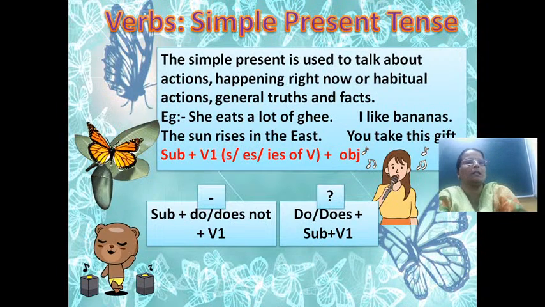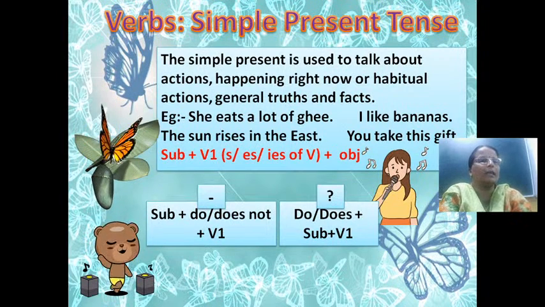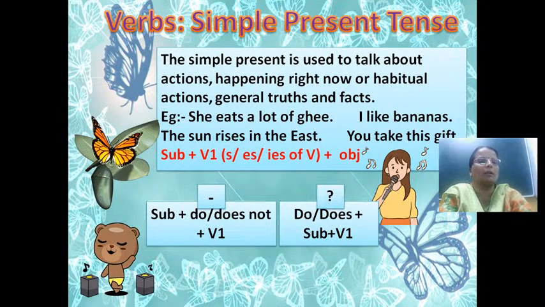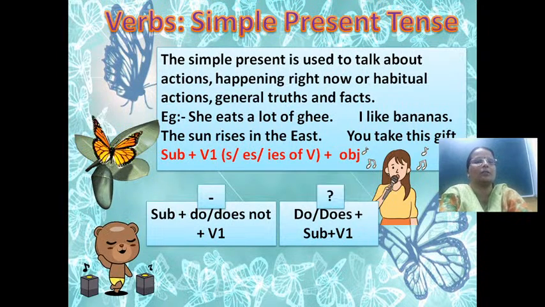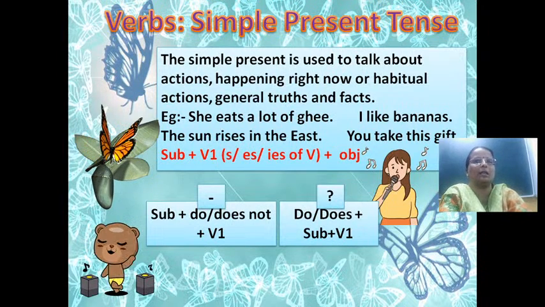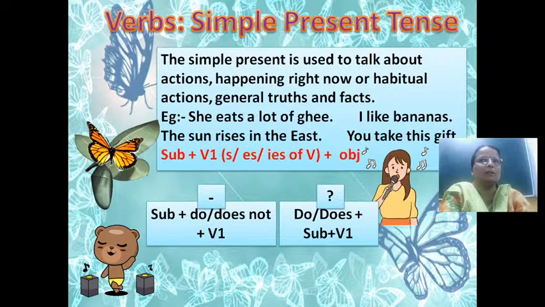And if the subject is we, they, you, I, or any third person plural, for example, the monkeys, the cats, the students, the teachers, etc., then we should use only base form of the verb with the subject.